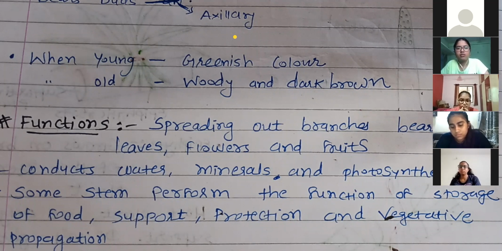Ginger is also an underground stem. Next, some stems give support, protection, and vegetative propagation. We will see these modifications one by one. The main two functions are common: spreading the branches, bearing leaves, flowers, and fruits, and conducting water, minerals, and photosynthates.